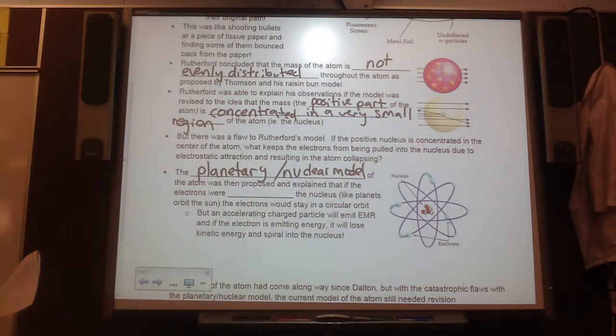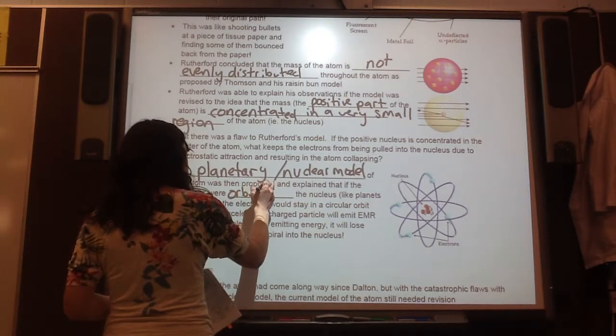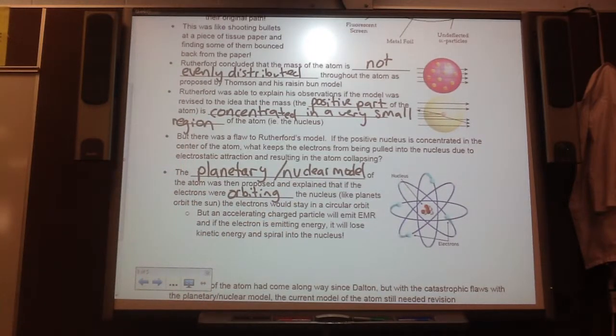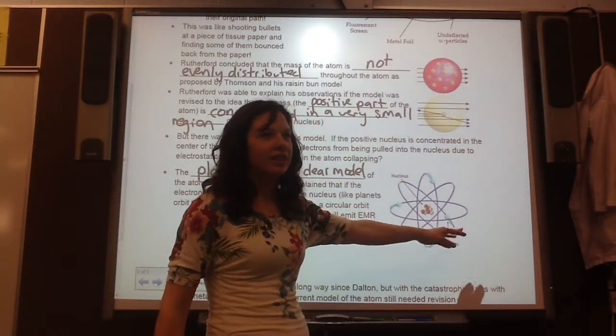The planetary model of the atom was proposed and explained that if the electrons were orbiting the nucleus like planets, the electrons would stay in their circular orbit. This is the planetary model that you see in cartoons.